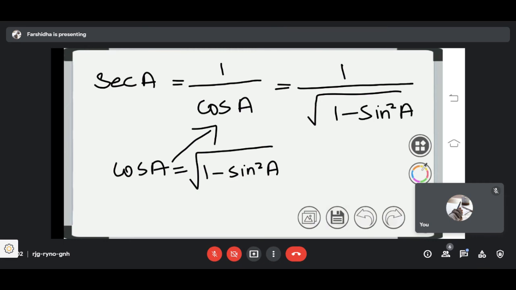Now you have represented sec in terms of sin. That's the question. So we have done cos, tan, sec. This is example number 12. You can ask me if any doubt is there.